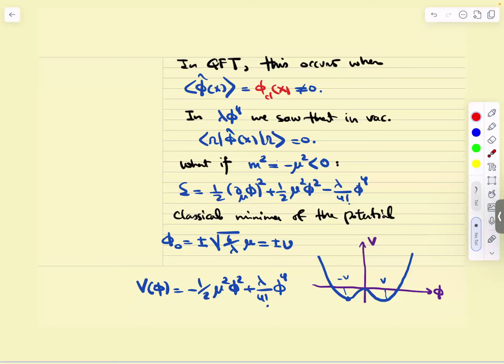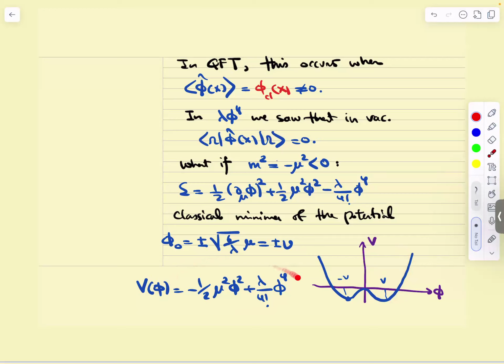So in lambda phi 4, we saw that, of course, the 1-point function is 0. Now, to cook up a more interesting situation, start with this Lagrangian. Imagine your mass term is negative, but then you have a lambda phi 4 term with a positive sign to make sure the potential is lifted, and you end up with this.